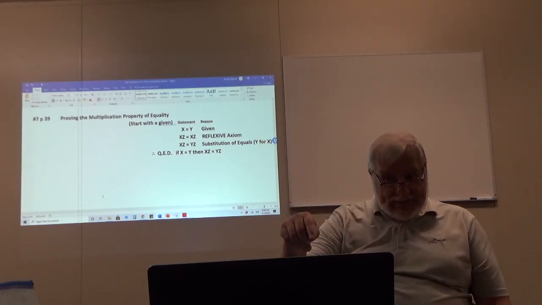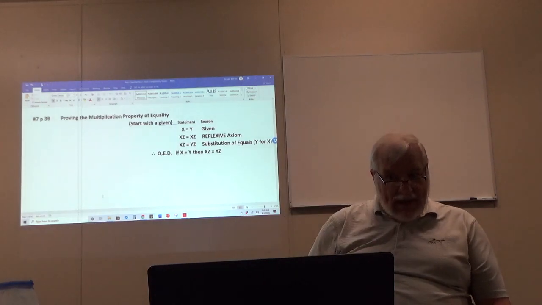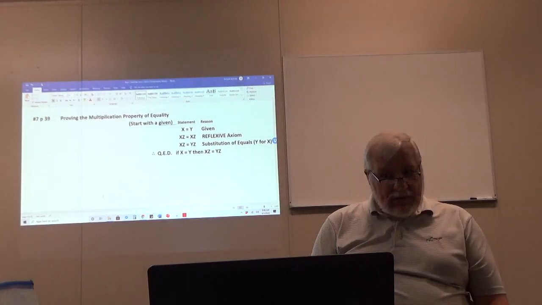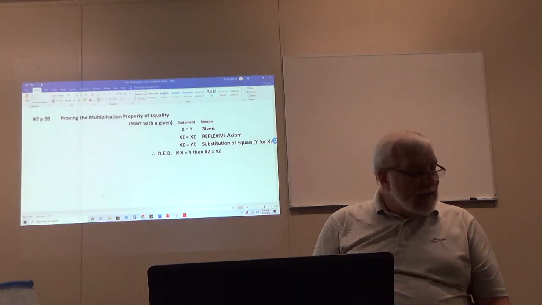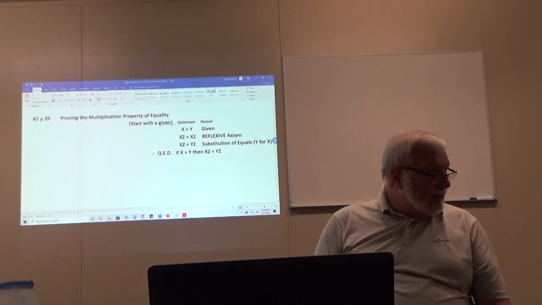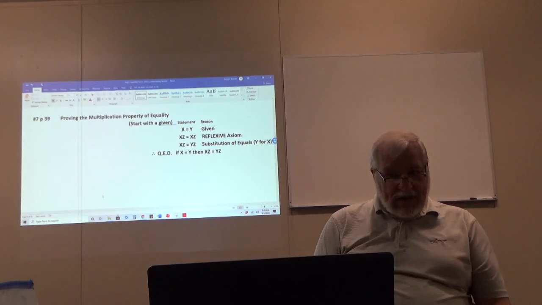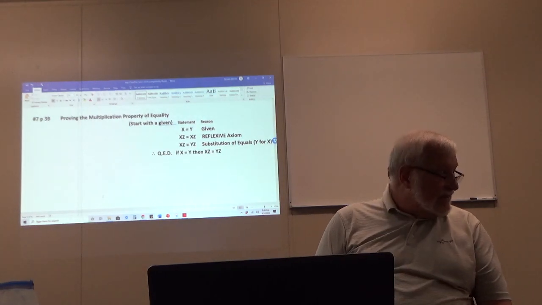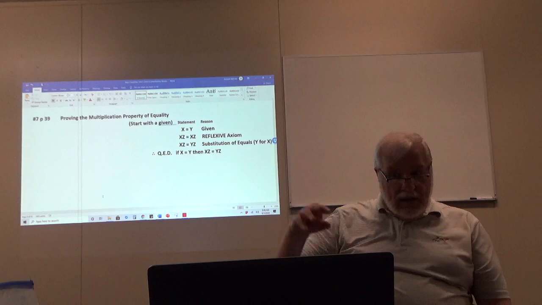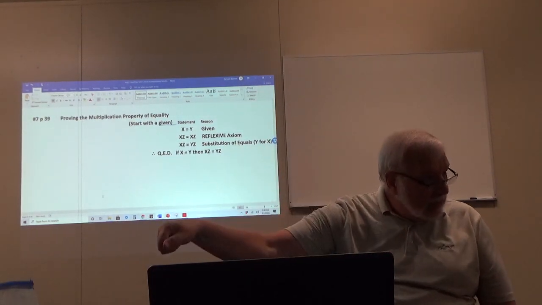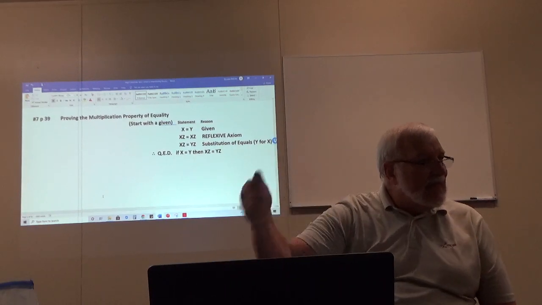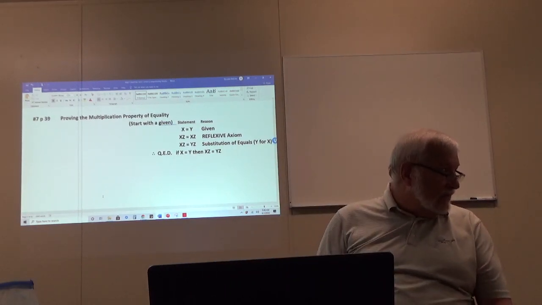Then if I substitute for z, y, I have x times z equals y times z, and that is the multiplication property of equality. I've taken the x times y and I've multiplied them by z. But it was proved with a different set of rules rather than just saying that's the multiplication property of equality.